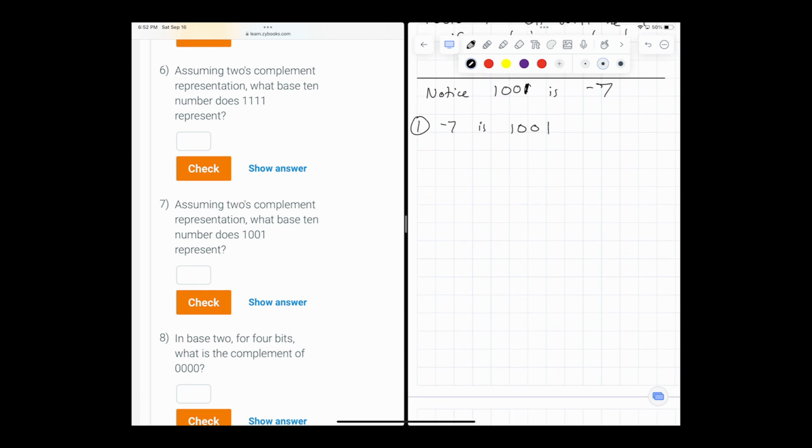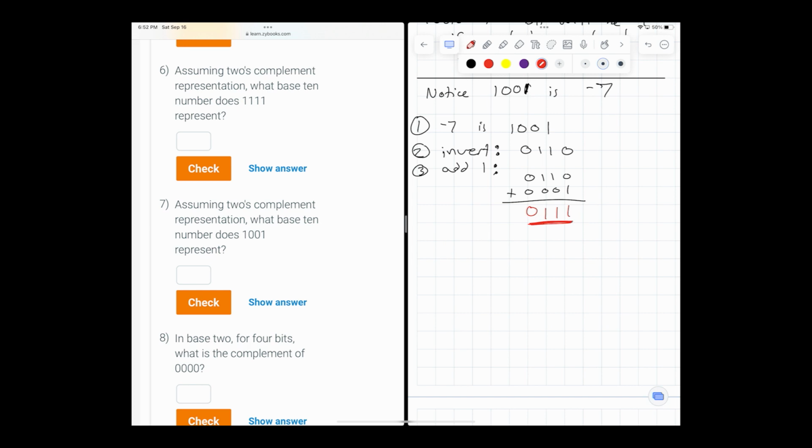What if we do the same process again? What if I invert the bits: 0 1 1 0. Okay, and then we add 1 again. So we have 0 1 1 0 plus 0 0 0 1, and we add these up and we get 0 plus 1 is 1, 1 plus 0 is 1, 1 plus 0 is 1, 0 plus 0 is 0.